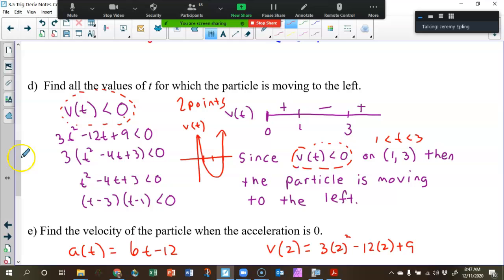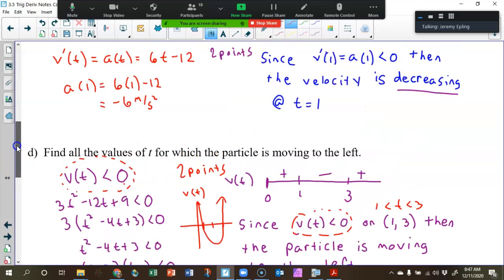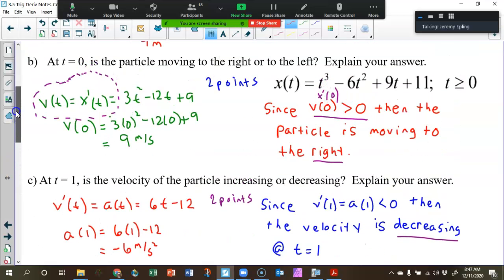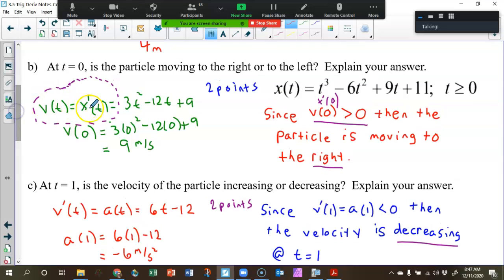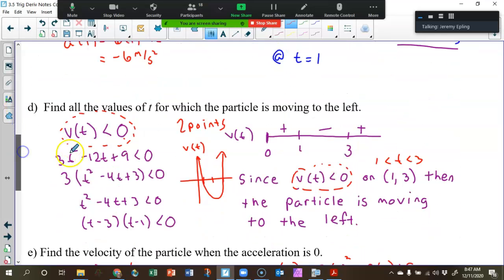Now, if up here in part B, you called the derivative of x, x prime, velocity, then it would be just fine to just have the expression for velocity and set it less than 0. Nothing at all wrong with that.